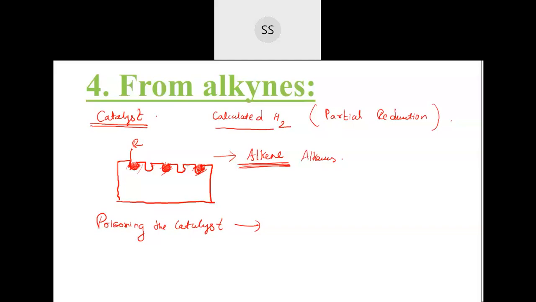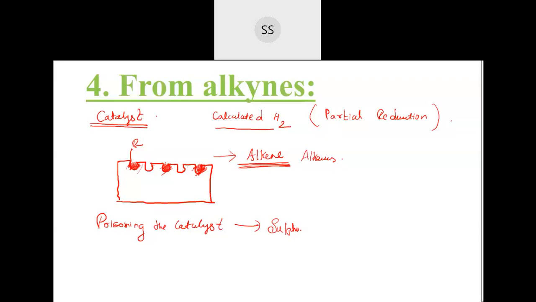And how do we poison them? It's being poisoned by putting a substance which will deactivate them. If you keep the pores open, they are very activated. So if you have to do a reaction to stop at alkene, then you have to block these pores. You have to reduce their activity. That process is what we call poisoning the catalyst.